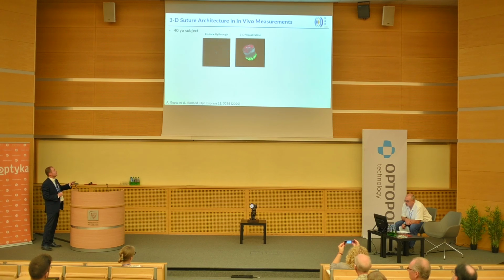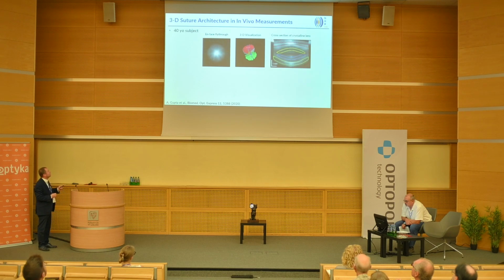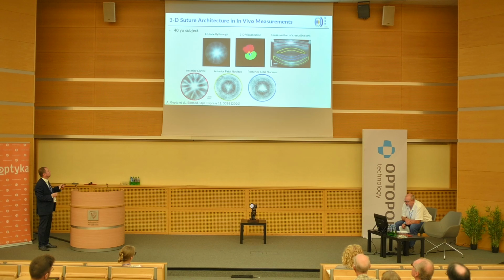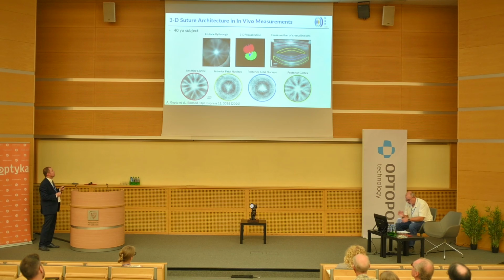And we were able to extract this information and to segment and to generate some kind of three-dimensional structure of sutures. And this enabled us also to generate the maps of sutures in the anterior cortex, in the posterior cortex, and the fetal nucleus and posterior fetal nucleus.